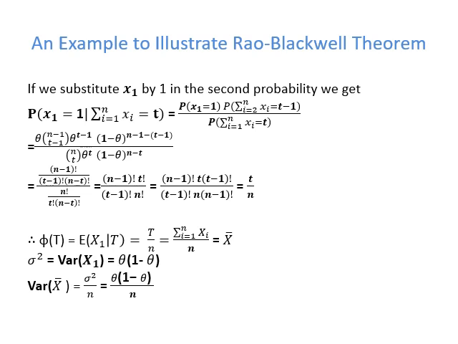So we will have n minus 1 factorial times t factorial, divided by t minus 1 factorial times n factorial. The terms will simplify to this.